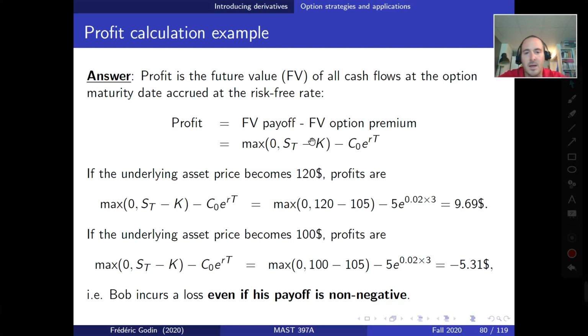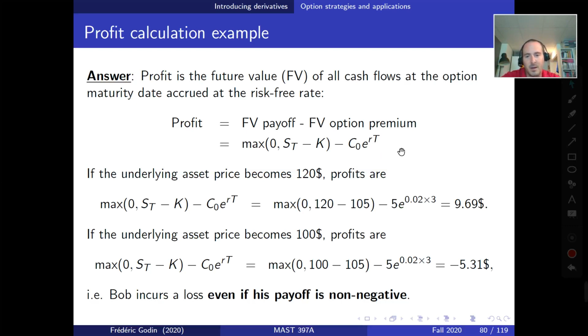Here the payoff for a call option is the maximum between 0 and S_T minus K. We've studied that earlier in this chapter. And here the premium is C_0, but because we consider its future value, it is C_0 times the interest accrual factor, which is the exponential of the risk-free rate times t.